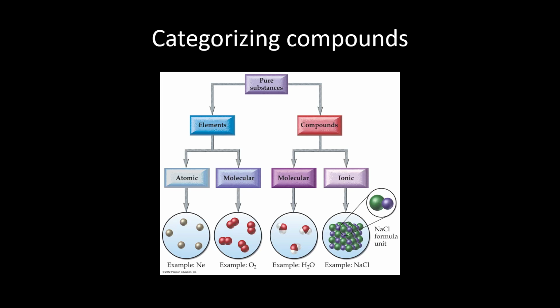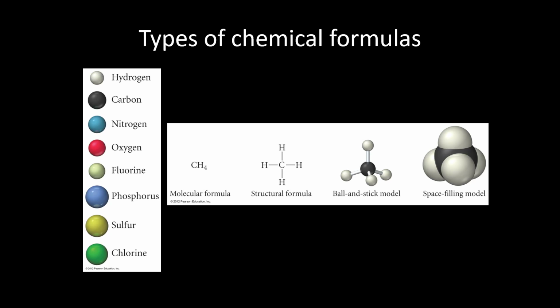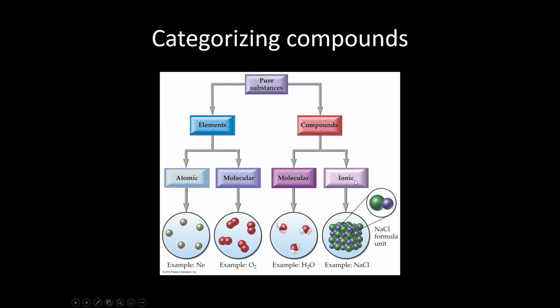So here, this is just kind of talking about different ways of representing molecules. Again, I'm not going to have you drawing or anything like that. As far as categorizing compounds, really the same thing that we talked about earlier with elements, compounds, homogeneous and heterogeneous mixtures.